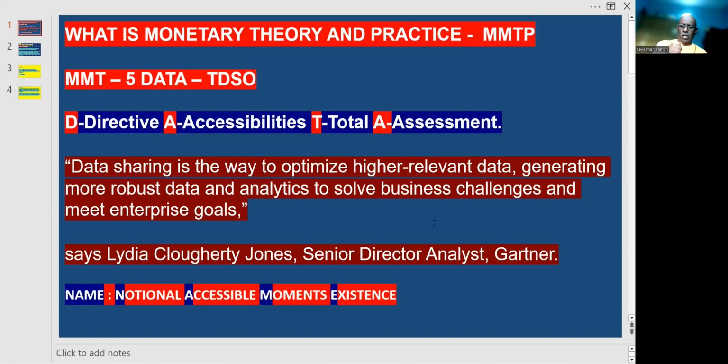Directive accessibility total assessment, that is the name we give. Whatever name we title, it is notional accessible moments existence. However we interpret it in many ways, the data we have at present is a fact given, granted, in plural form.